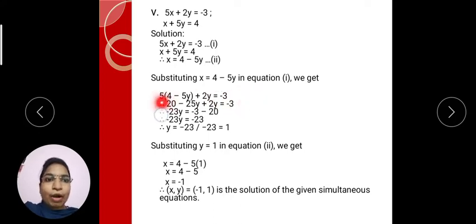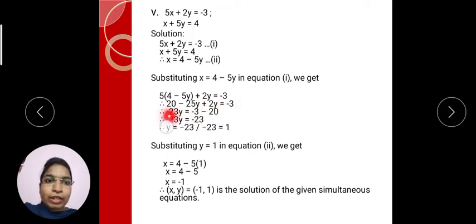Now how to calculate? You know there are so many examples, we always solve this. So simple: firstly solve the bracket, then add the like terms, and then find the value. So 5 4s are 20, minus 5 5s are 25y, plus 2y is equal to minus 3.